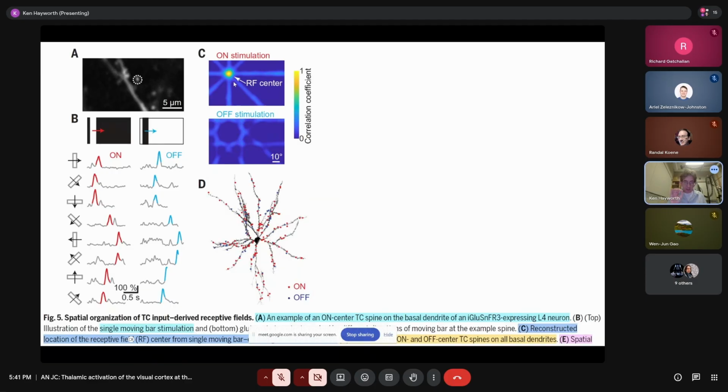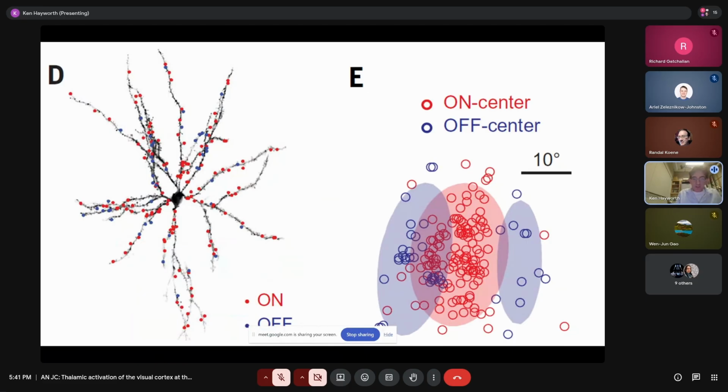And so they can essentially, by using these stimuli, say exactly where the center of the receptive field is for each LGN input, and they can say whether it's an on center or an off center. They do that for all of these approximately 500 synapses onto this target cell, and then they plot all the on centers and off centers in visual space.